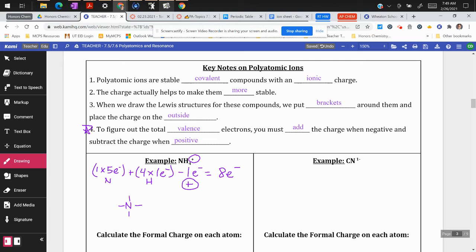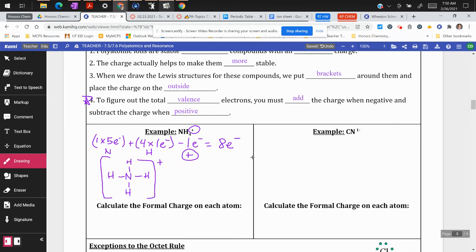I know that I'm going to have to attach my 4 hydrogen atoms. And when I do so, 2, 4, 6, 8 electrons, because 2 per line. This is a complete and valid structure. All I need to do is brackets and then place the charge on the outside. Now, one thing you'll notice, I will calculate formal charge for hydrogen, but this is the only time I'm going to do that, and you'll see why.